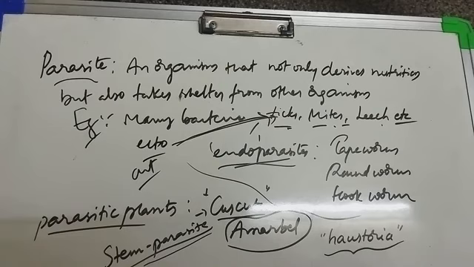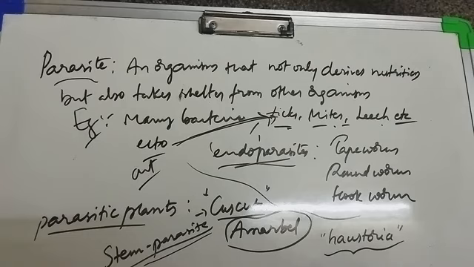Okay, and I already told that the food and the way in which the food is obtained, they differ among different organisms. And in order to take the different types of foods, there are different types of digestive systems.